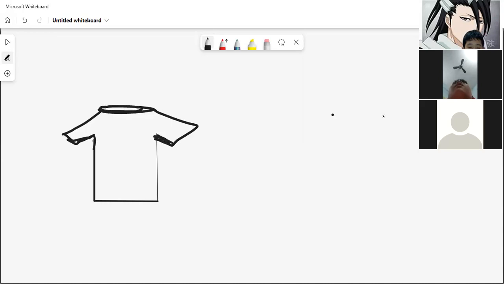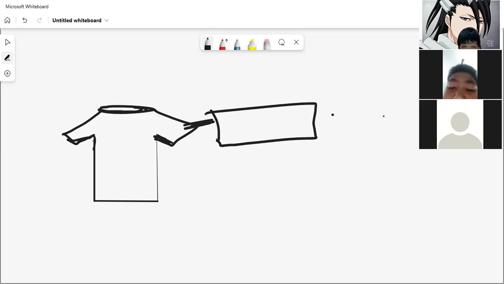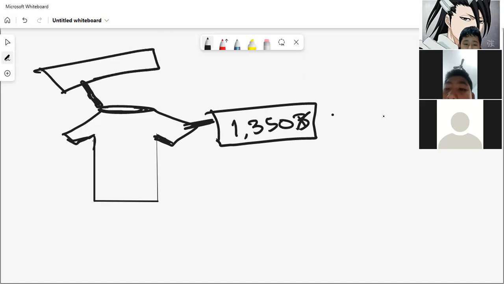Then it says there how much, for example, 1,350 baht. Now, this one is on sale. What do you mean by sale? Discount. The sale here is 15% discount. The question here: how much are you going to pay?